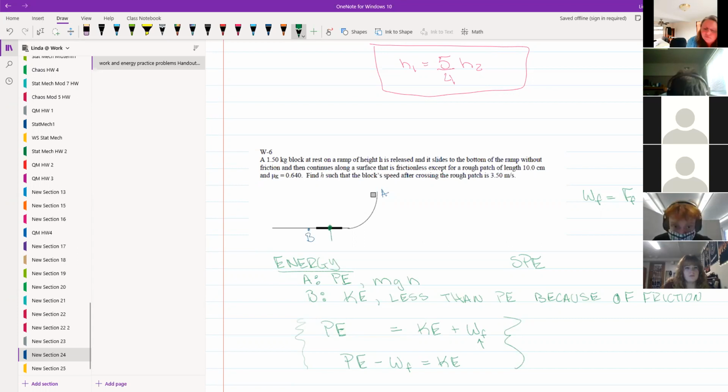So I'm going to have my force of gravity down, my force normal up, perpendicular to the surface. And if this thing is moving that way, the force of friction is going to be opposing that motion. So I'll have a force of friction this way. Why do I want to do that? Because remember, my force of friction is defined as the force normal times mu.